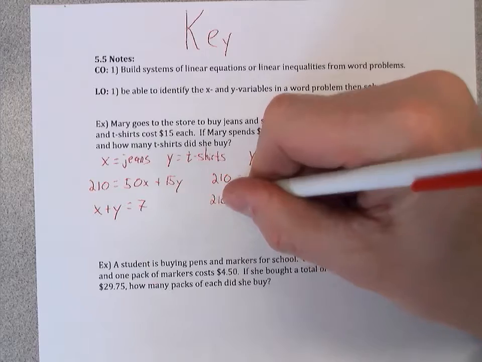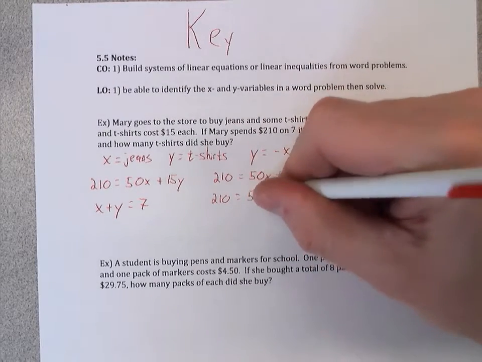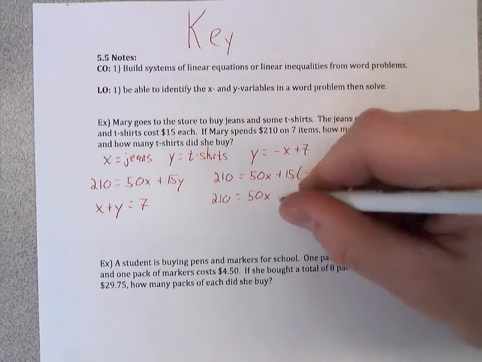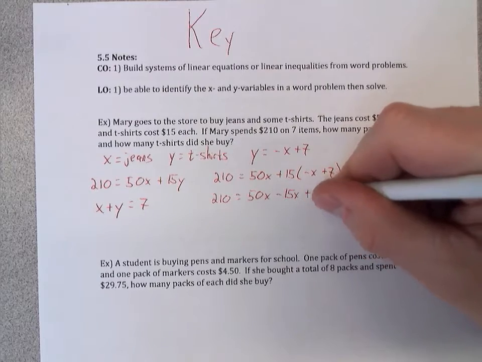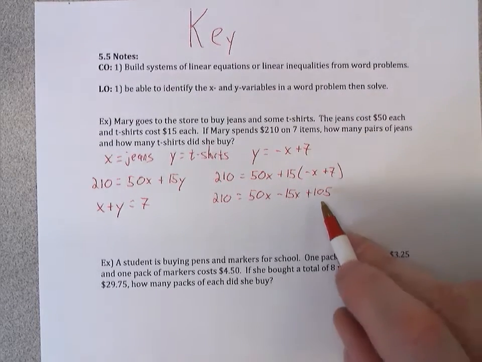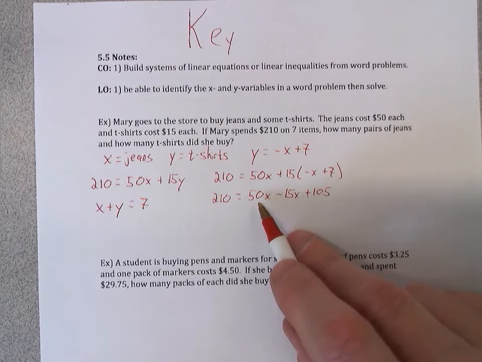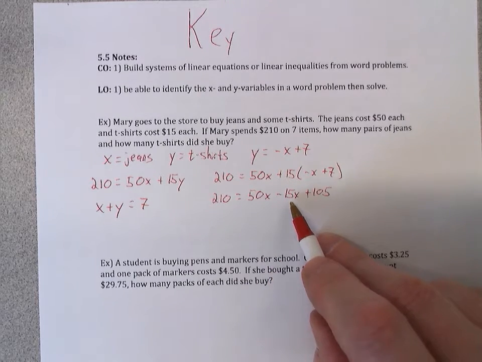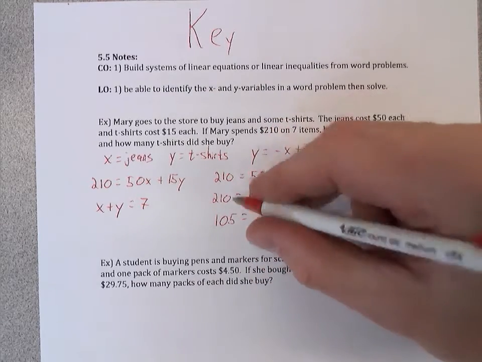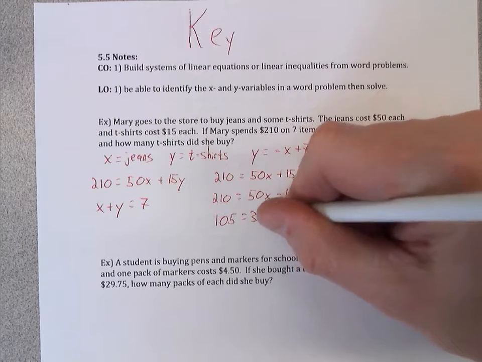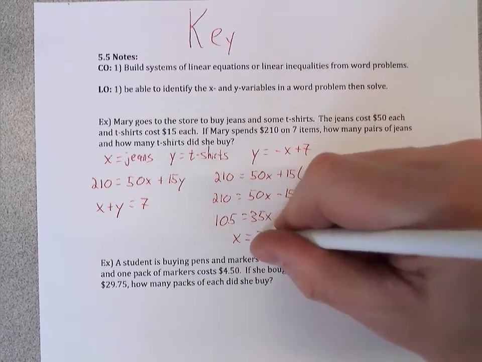I'm going to distribute that 15 throughout. 210 equals 50x minus 15x plus 105. I'm going to subtract 105 from both sides, and I'm going to do some simplifying. 50x minus 15x is going to be 35x, so that means 105 equals 35x.